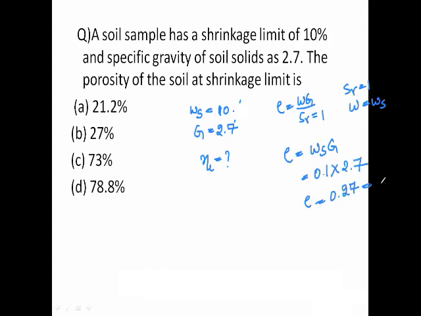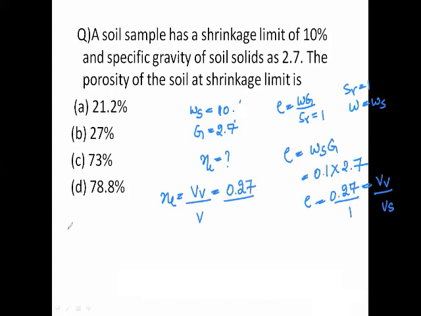Then what is the void ratio? Void ratio is nothing but the volume of the voids divided by the volume of the solids. So from here you can see that the volume of the void is 0.27 and the volume of the solids is 1. Then what is the porosity? Porosity is nothing but the volume of the voids divided by the total volume. The volume of the void is 0.27.